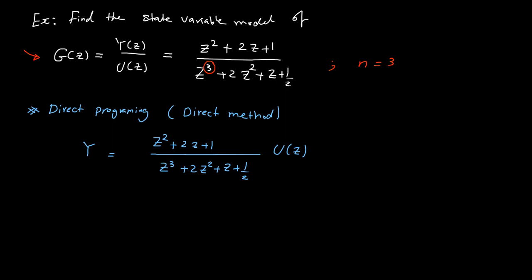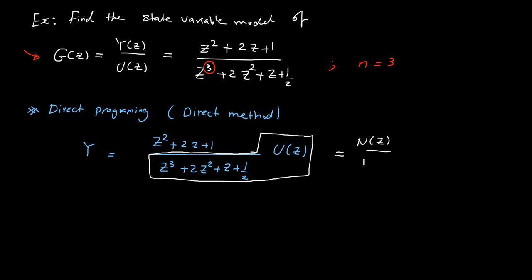Now take the U with the denominator as a state variable, vector x, let's say. So simply this means that this will equal N of z over D of z multiplied by U of z. So in the direct programming, I'm saying that X of z is equal to U of z over D of z.